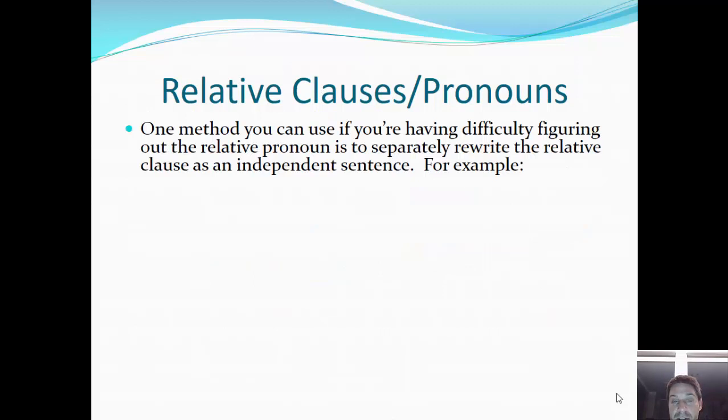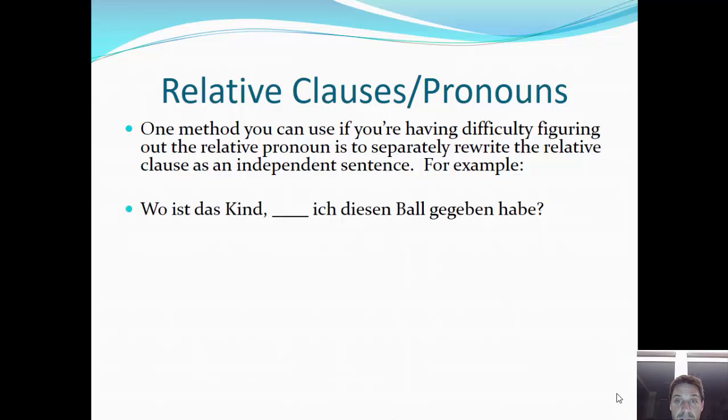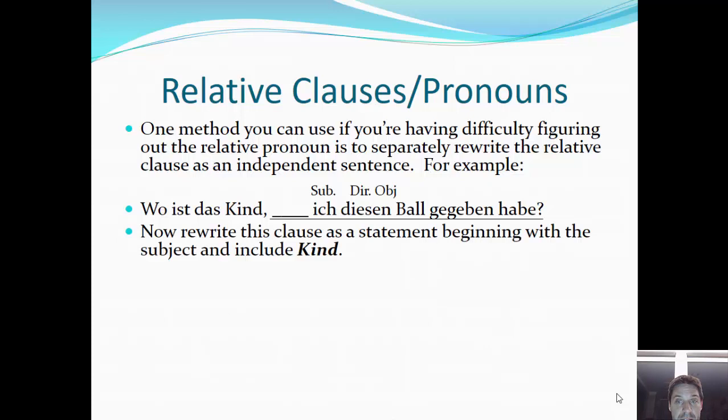You could separately rewrite those to figure out what it's going to be. Wo ist das Kind, right? If you look at this part of the sentence, we have the subject, we have the direct object. Now, if I rewrite that independently, this takes a lot of work, but it's sometimes worth it to go through the process until you figure it out.